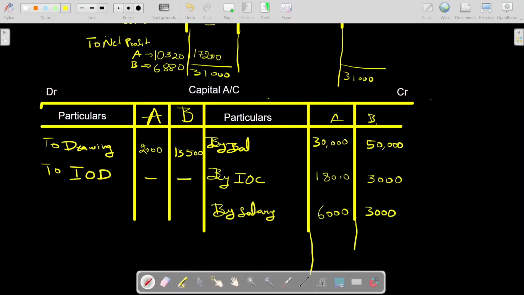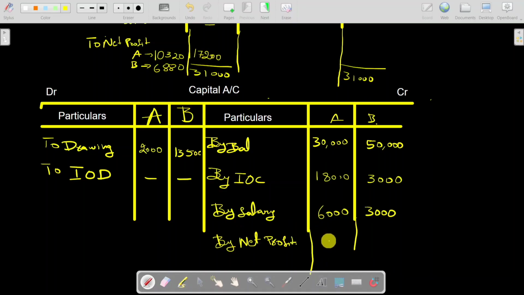And they are getting profit. How much profit are they getting? They are getting the net divisible profit.